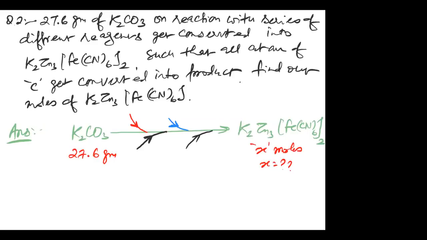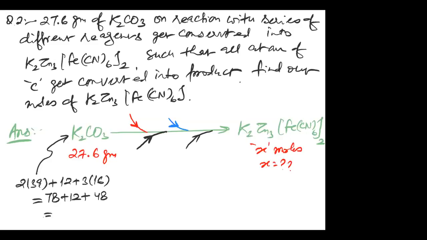As per K2CO3, its molecular mass should be equal to twice 39 plus 12 plus 3 times 16. So it is 78 plus 12, and 3 times 16 comes out to be 48.